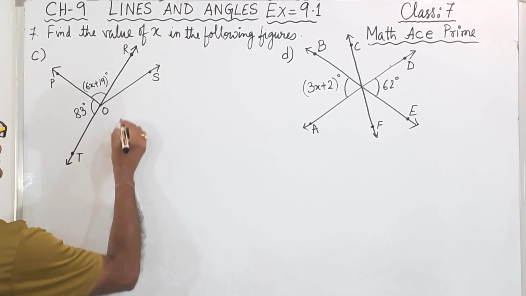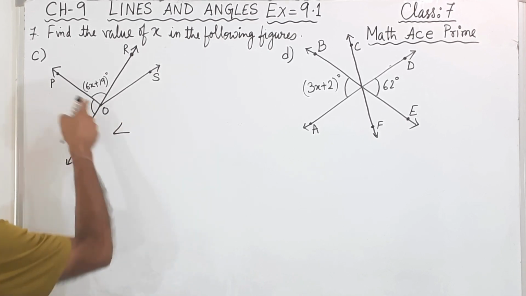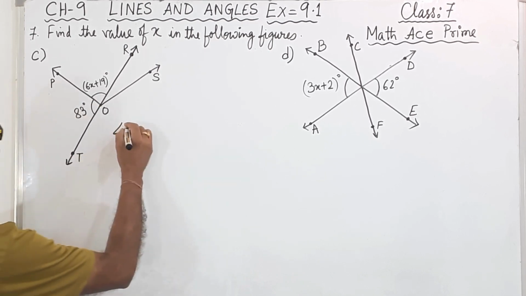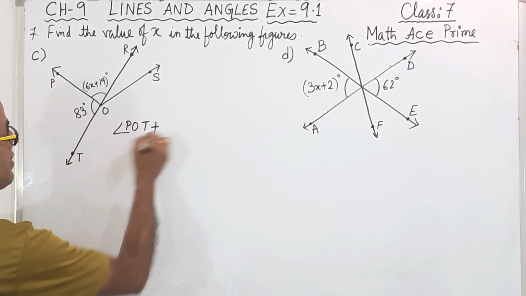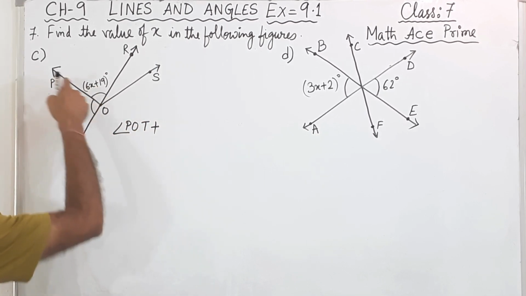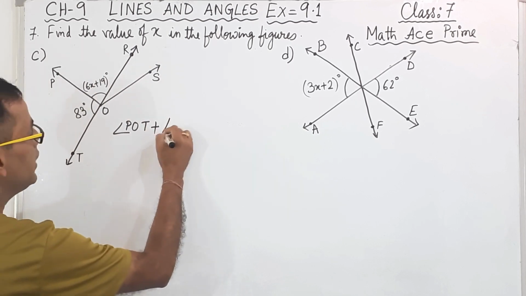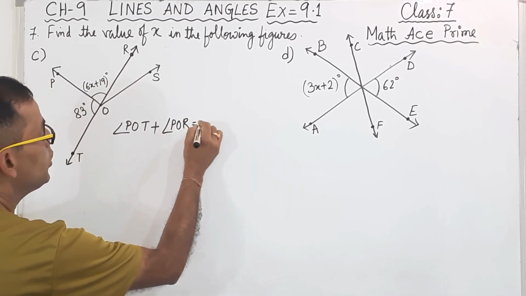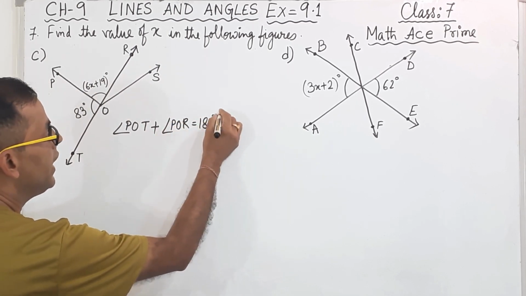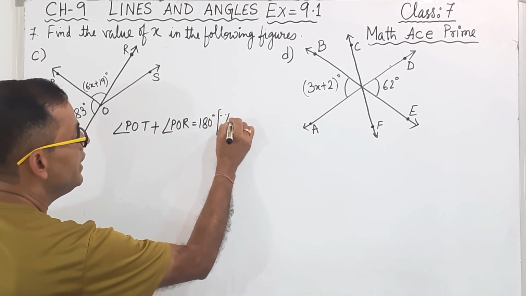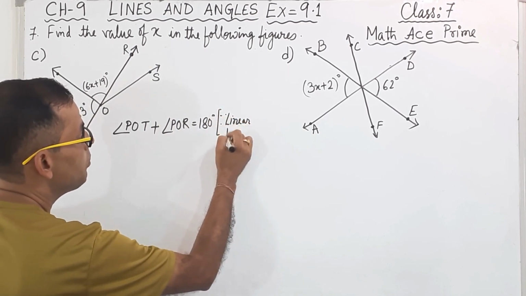So what I can write? This angle name is POT, angle POT plus, and this angle name is POR, angle POR equal to 180 degree. And what I can write? Since linear pair.